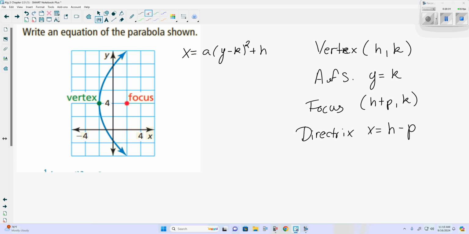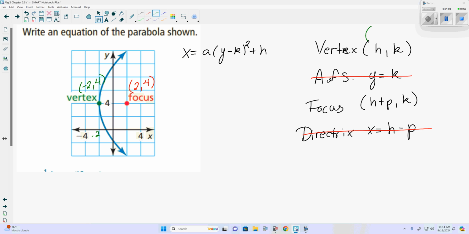What it did tell me was the vertex. So again, they're going by 2's. So this is -2, comma, 4. Our focus is 2, 4. We're looking at the graph to get this here. Questions on any of this so far? The axis of symmetry doesn't mean anything. Directrix does not mean anything for this here.